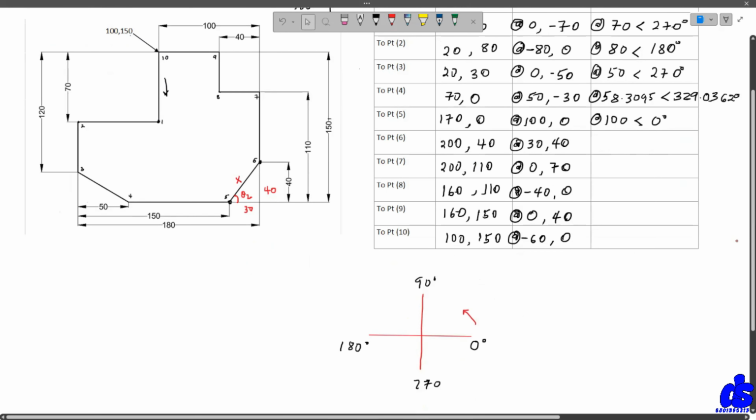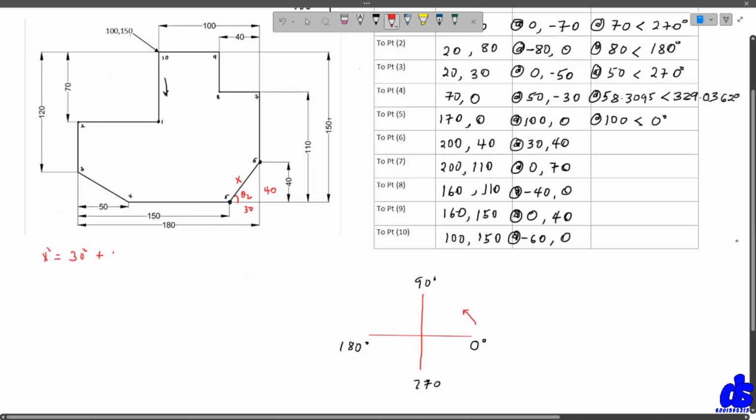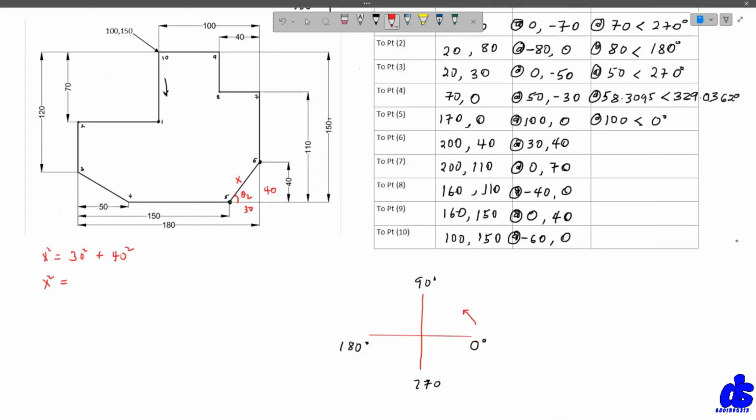Using the Pythagoras theorem as we did for the previous one, x squared is equal to 30 squared plus 40 squared. X squared would be 2500, meaning the value of x, the square root of that, is going to be 50. So that's going to be the magnitude for point 6.